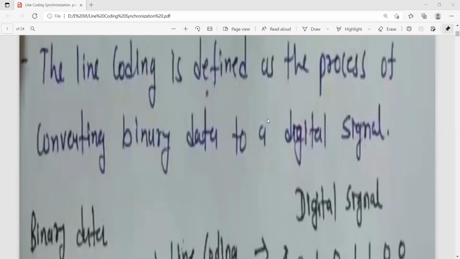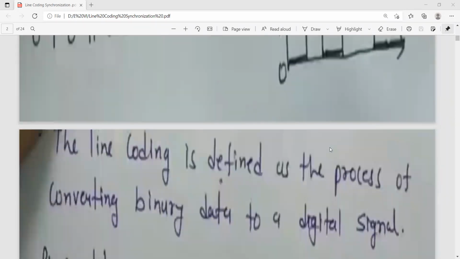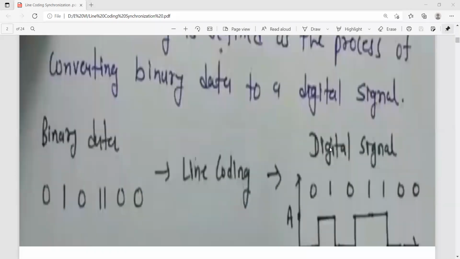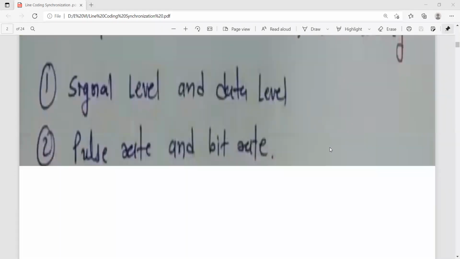Now coming to the line coding techniques. In line coding techniques, we are simply communicating digital data. Digital data is always in zeros and ones format. So normally it is communicated in the format that I'll give you.